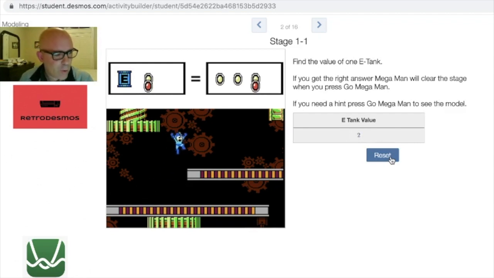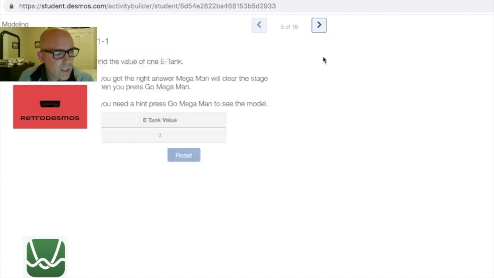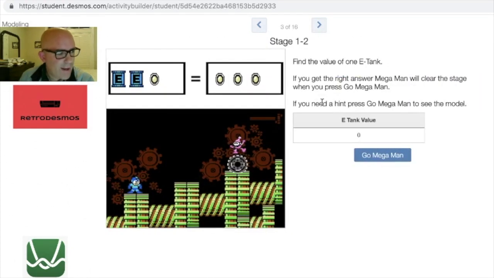And now that I have the correct value, notice Mega Man actually clears the screen and provides some feedback for students. Again, one of the beauties of Desmos, one of the powers that you have there, is to provide that feedback for students so they understand, okay, I'm on the right track, or maybe I need to pause for a second and get a little assistance before I move forward. So let's go ahead and move on to that next screen.